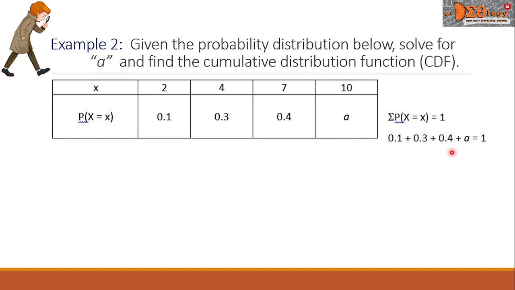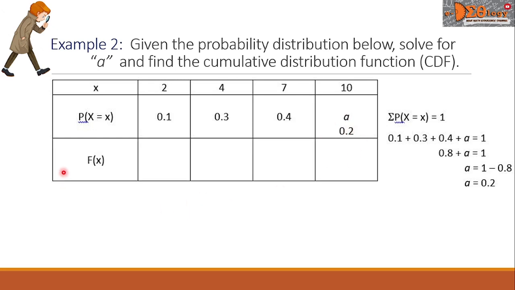Combining the numerical values on the left side, we have 0.8 plus A equals 1. Solving for A, we will transpose 0.8 to the right side. So we have 1 minus 0.8, and the value of A equals 0.2. We write the value in here.